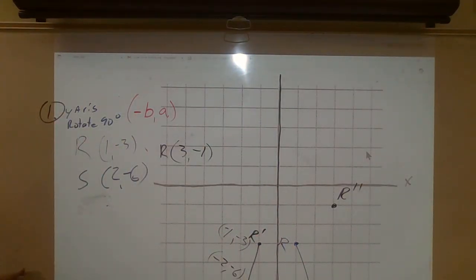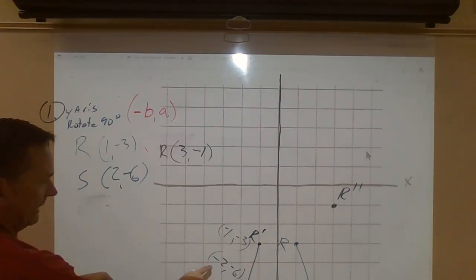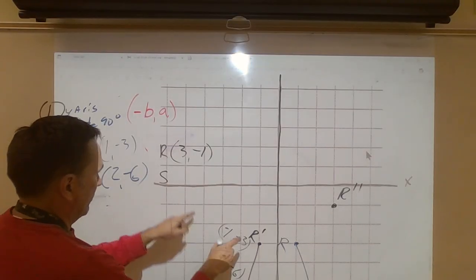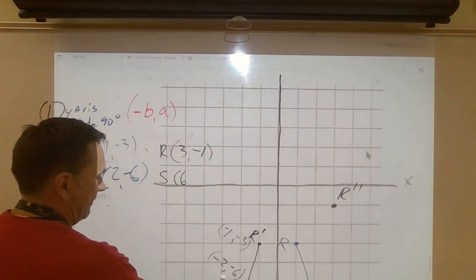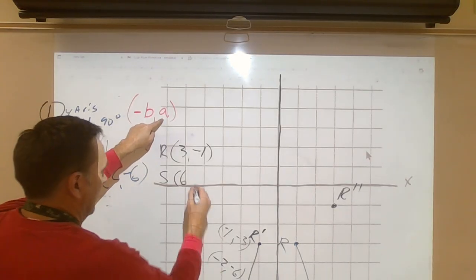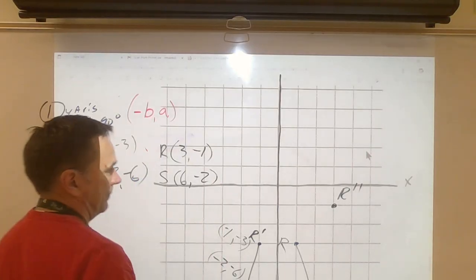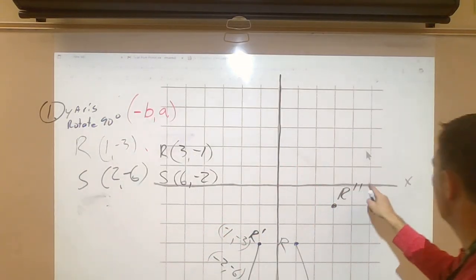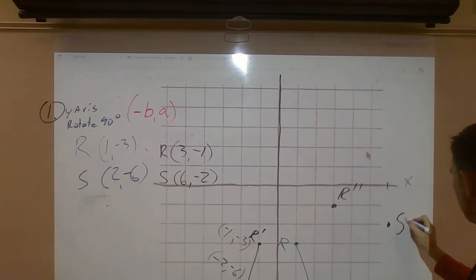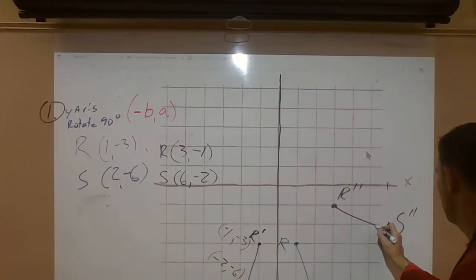The S value, we're starting with negative 2, negative 6. So the negative 6 becomes positive. That's the B value. And the A value stays the same as negative 2. Down 2. And this is S double prime.